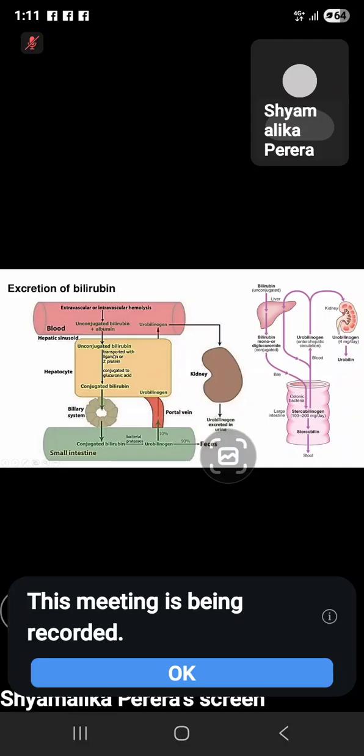Unconjugated bilirubin is converted into conjugated bilirubin in the presence of the UDP glucuronyl transferase enzyme in the liver hepatocytes. Finally, the bile, or conjugated bilirubin, is collected through a system of capillaries known as biliary canaliculi in our liver, and it transports the bile into the gallbladder.